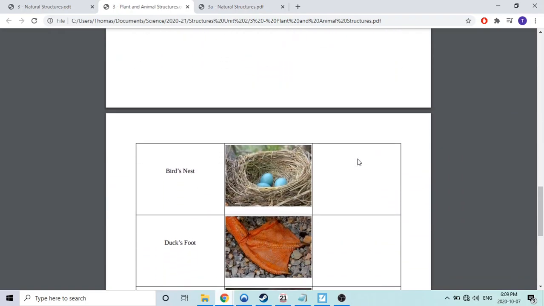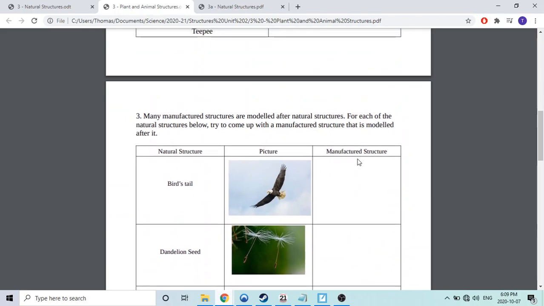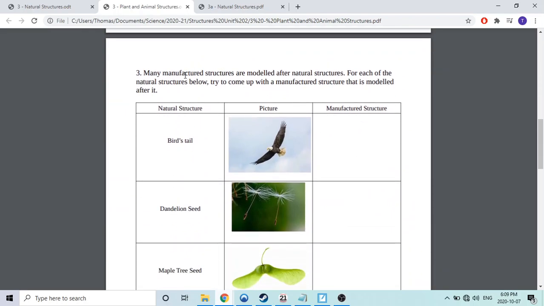Now this third one is where we're looking at how manufactured structures, man-made structures, are modeled after structures you see in nature. So for each of these, so for a bird's tail, and I give you a little picture, I want you to come up with some structure that's man-made that might remind you of this.